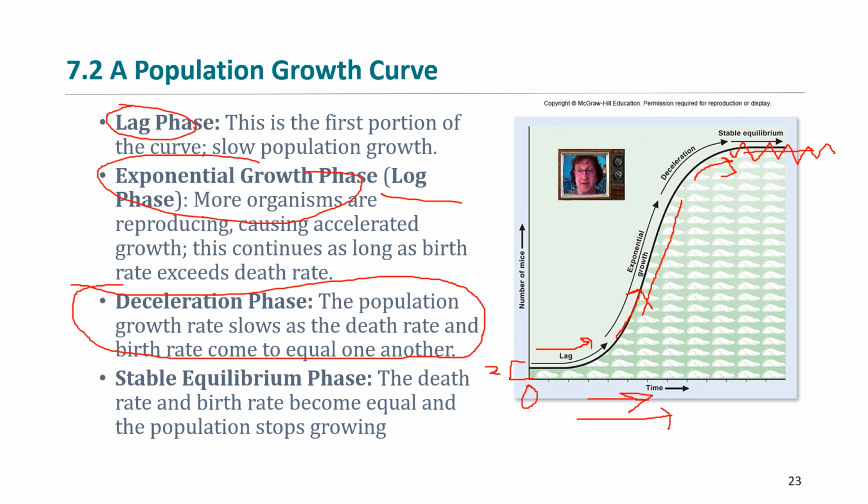Dynamic means up and down, stable means a flat line. So most populations reach what's called an equilibrium. That equilibrium means that's the maximum number of creatures that can be in that population before resources, disease, or just overpopulation in general drops that population down.